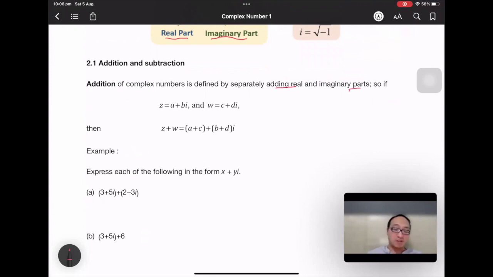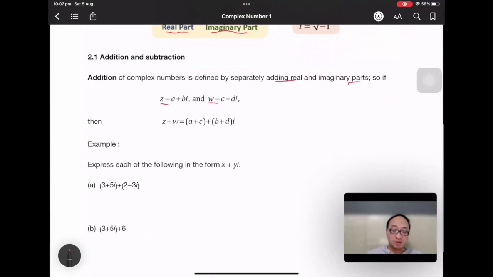So if I have two complex numbers, z and w, with z equals a plus bi, and w equals c plus di, then the addition of the two complex numbers is adding the real parts and the imaginary parts separately.